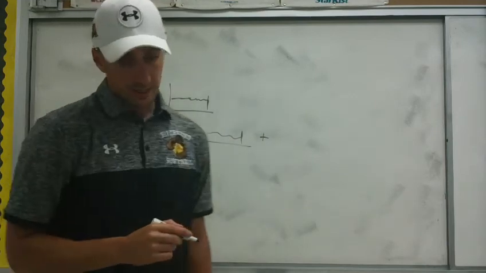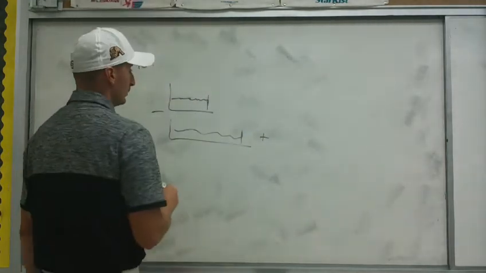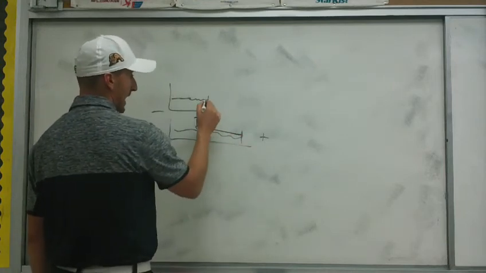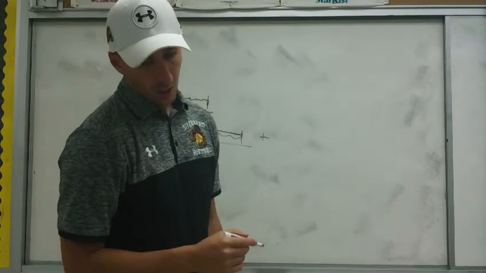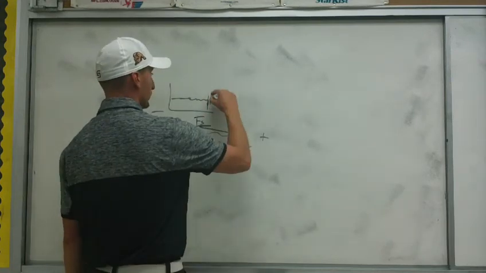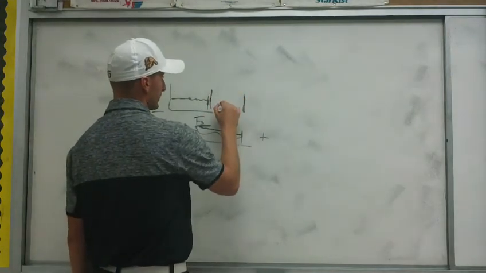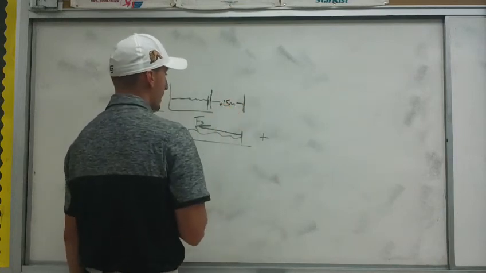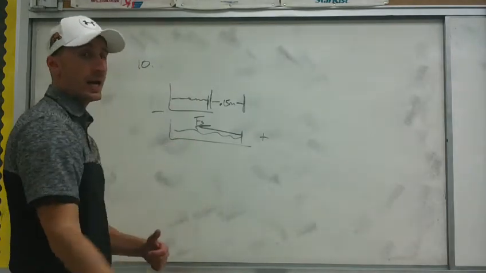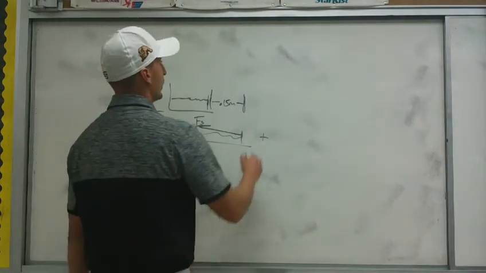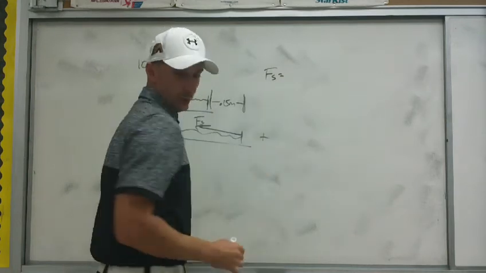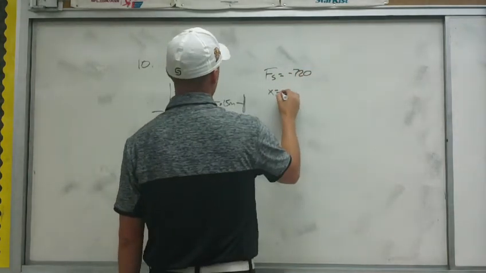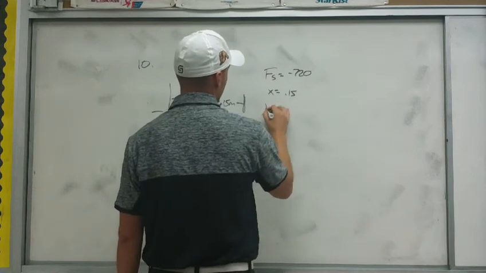It says a 720 newton spring force, so the Fs is going this way, because it always wants to go back to equilibrium. It stretches a spring a distance of, so this distance to here is 0.15 meters. If we can find K, we can then apply it. So I know Fs is equal to negative 720. x is equal to 0.15. Find K.